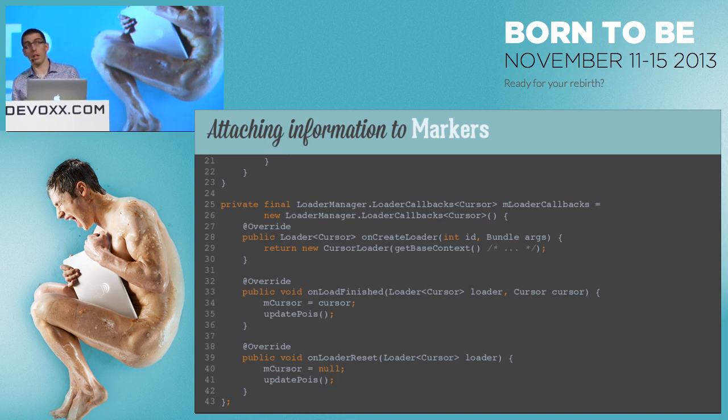What we'll do here is basically keep a reference on the cursor and update the POIs. And finally, onLoaderReset will be called when the framework wants you to get rid of all of the references you have on the cursor. So what I do here is I set the cursor to null, and I update my POIs.